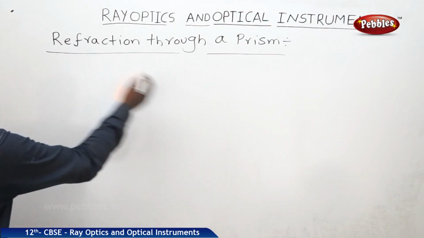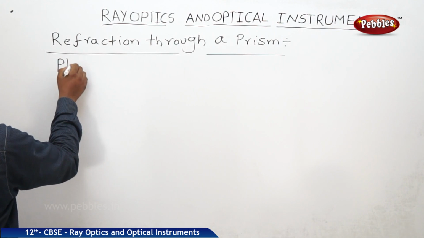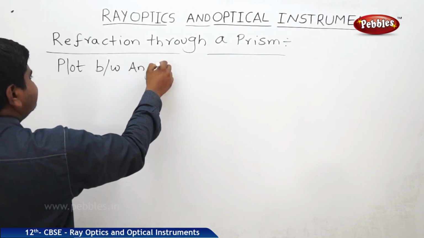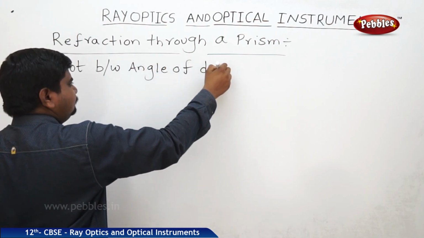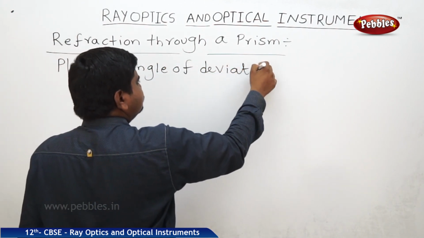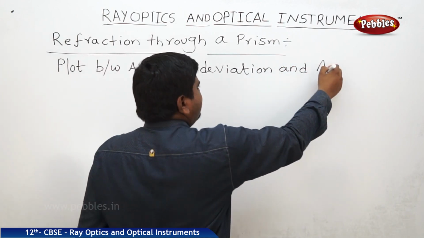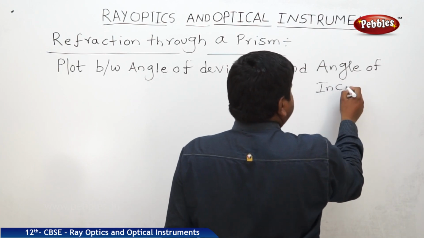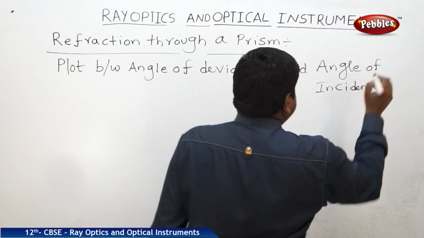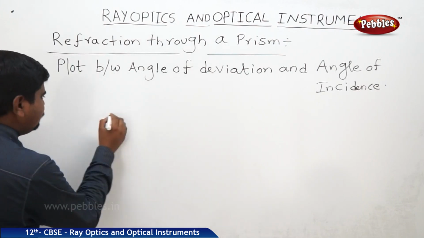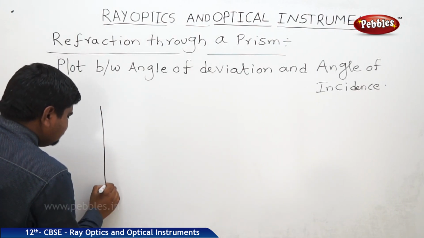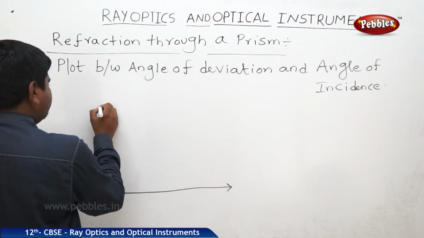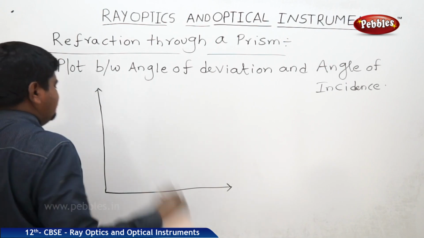Now we will see the plot between angle of deviation and angle of incidence. For that purpose, we should take a coordinate axis, just a rough sketch of the graph like this.